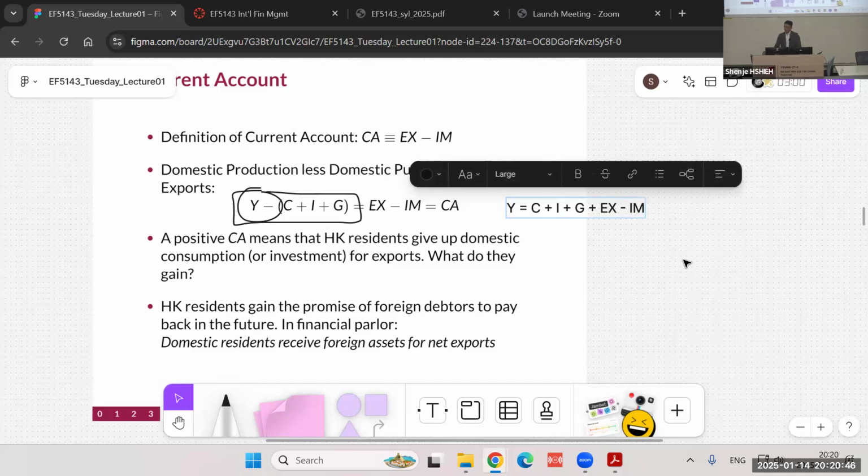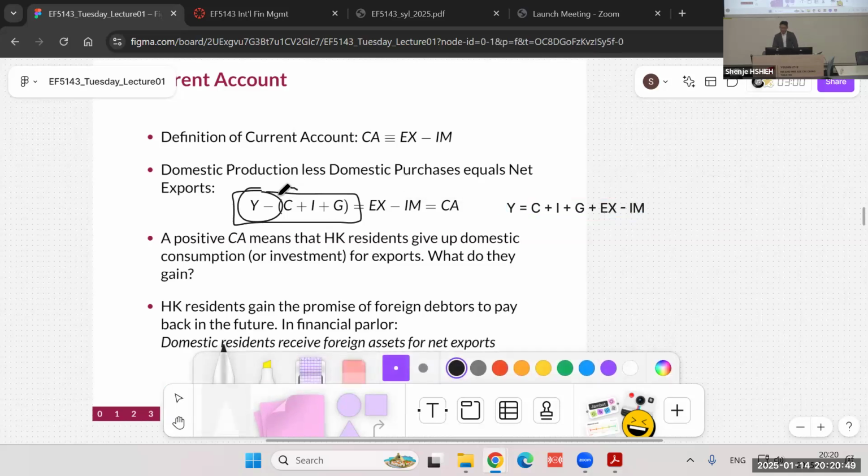We can subtract all savings and consumption within the country, C plus I plus G, right? So whatever is left is exports. If it's negative, then it's imports. Whatever I make that I don't consume or save, C plus I plus G, get rid of it. Whatever is left, if it's positive, it's exports. If it's negative, that means I net imported something.